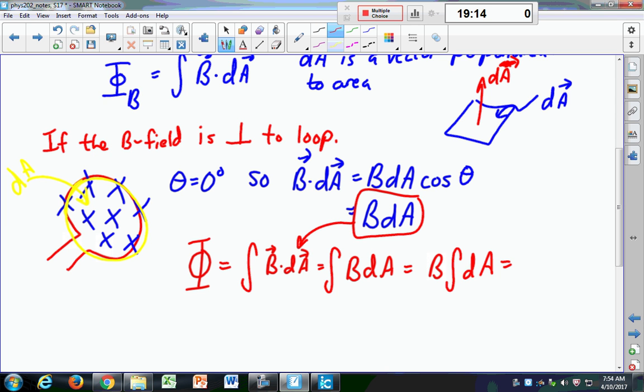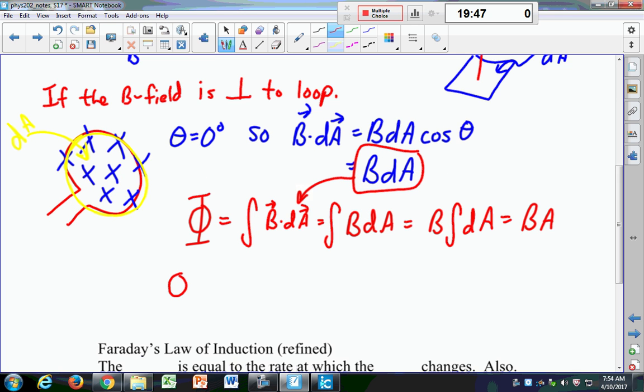I think that's going to be true most of the time, and it's just going to be B times A. So we've seen this before. We've seen it for electric field lines, we've seen it for gravitational field lines, and now also magnetic field lines. Our flux we can calculate as just the product of the magnetic field times the area through which it goes if it's perpendicular to that area. If it's not perpendicular to that area, we have to include a cosine theta term. But in this case, it is perpendicular.